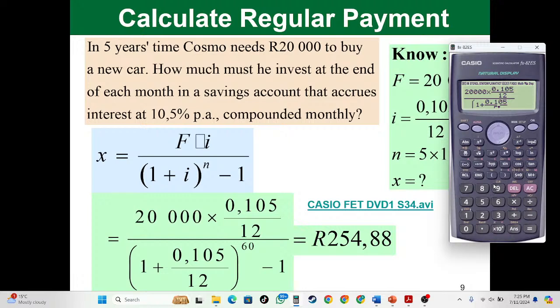I'm just punching it in so that you can see how we get it. Then 12 times 5 is 60, hence we've got 60 here. Minus 1. Equal to 254 and 88 cents. That's the amount of money he will need to put away.